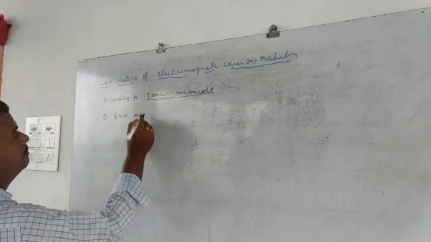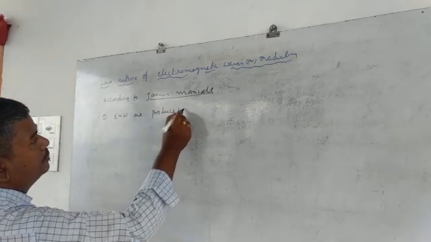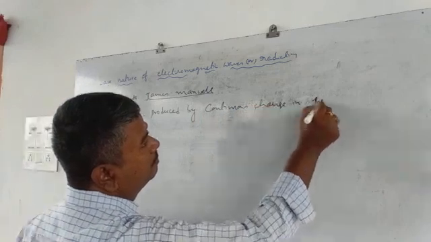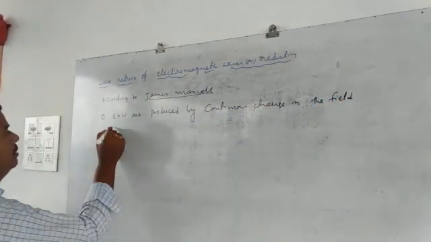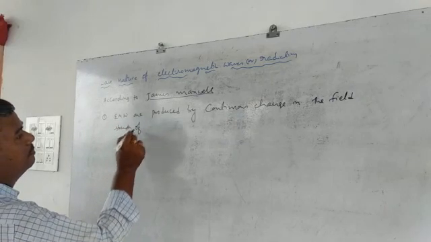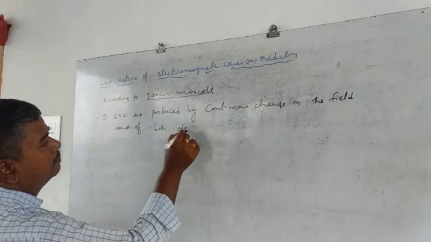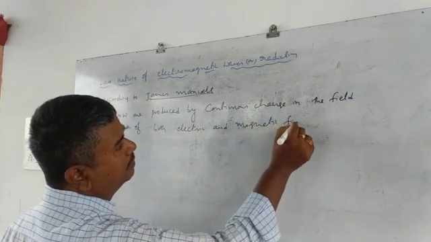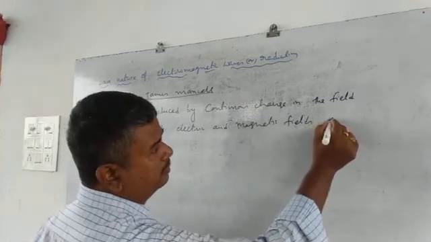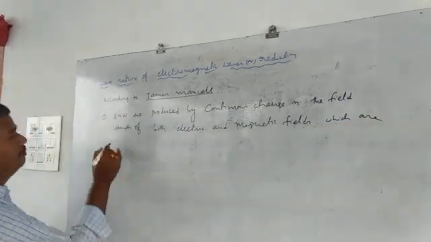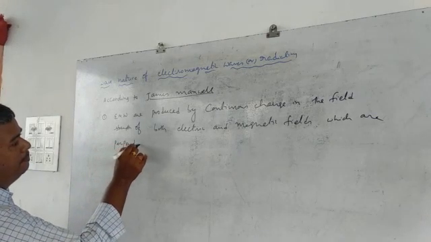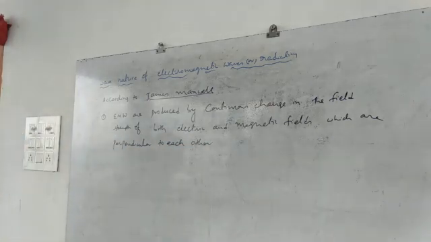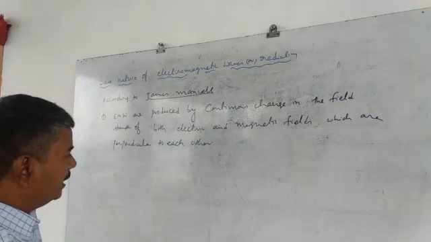Electromagnetic waves are produced by continuous change in field strength of both electric and magnetic fields, which are perpendicular to each other.